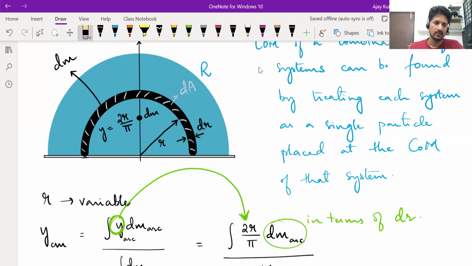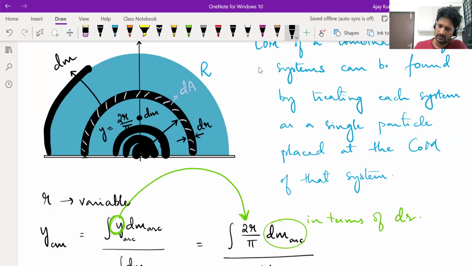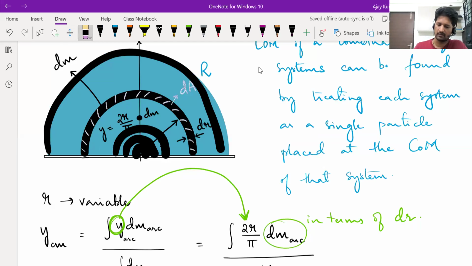Fine. Now from one ring to the next and so on, is small r a constant or a variable? It's a variable. Now we want to find out the position of center of mass of this entire semicircular disk. The disk is a collection of many semicircular rings like this. Tell me, what are the limits of r?